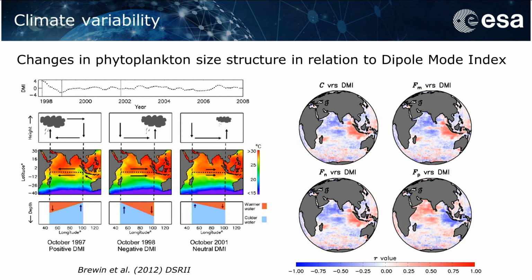This is an index in the Indian Ocean, which is essentially a difference in the sea surface temperature anomaly between a region in the east and a region in the west. And this is related to a coupled atmosphere-ocean phenomenon, and how that affects the chlorophyll concentration, but also the phytoplankton community composition.